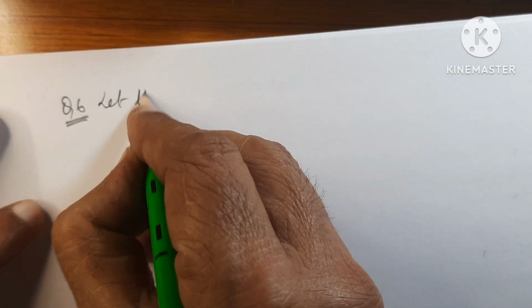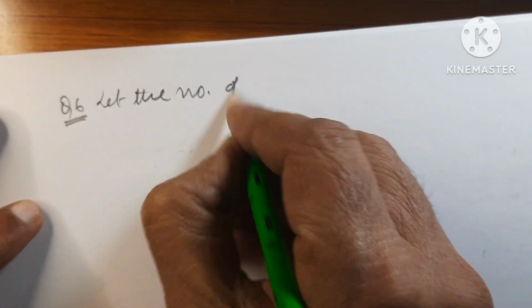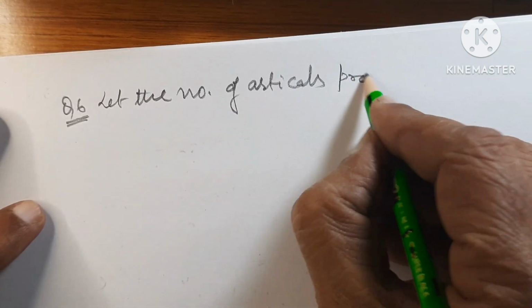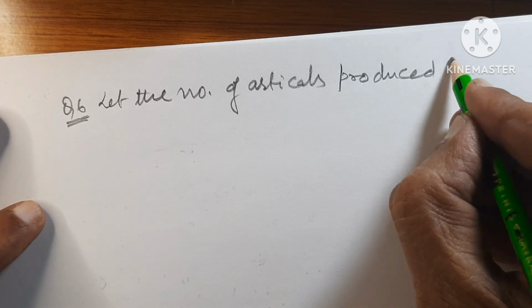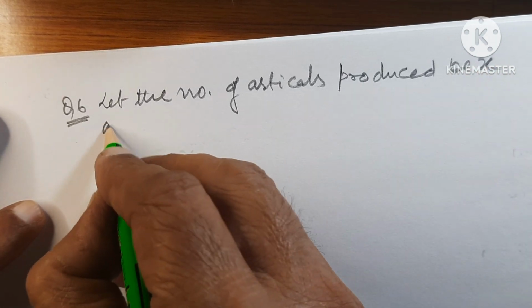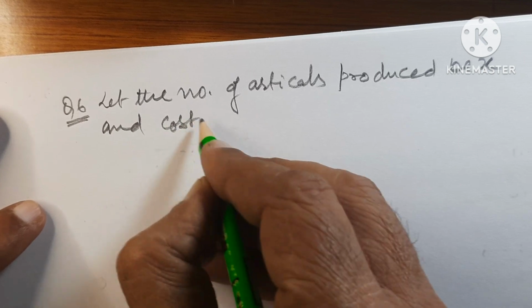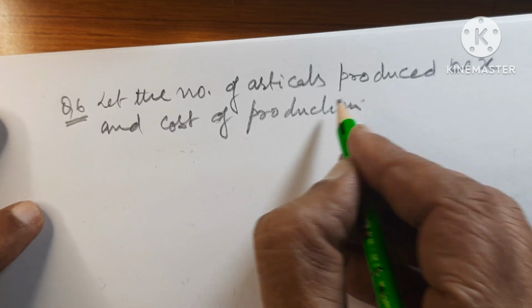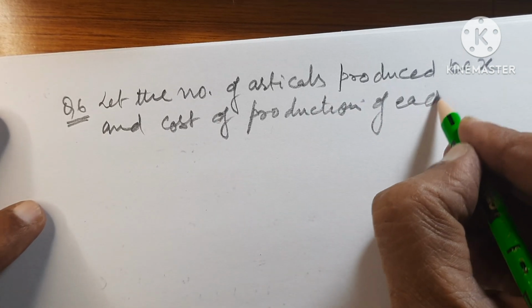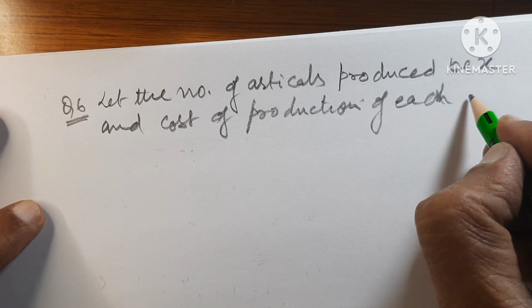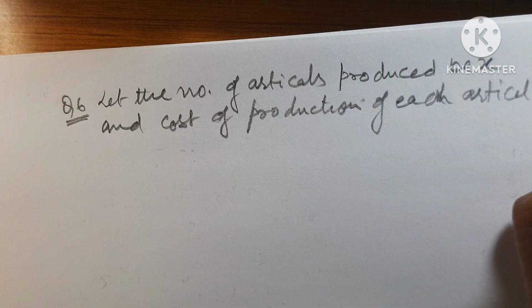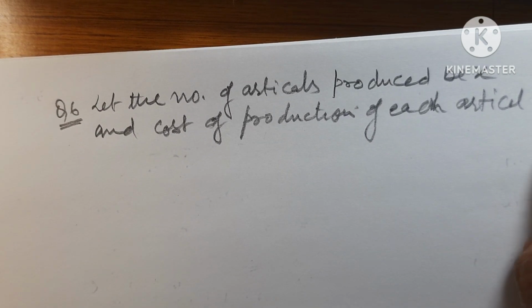Let the number of articles produced be x and the cost of production of each article will be 2x plus 3, twice the number of articles and 3 more.